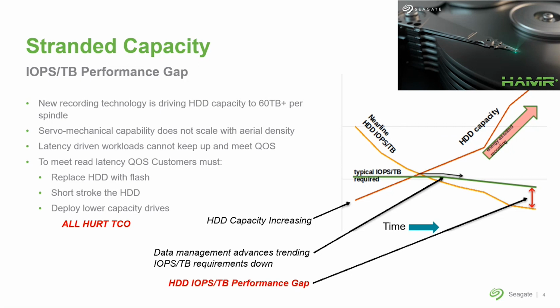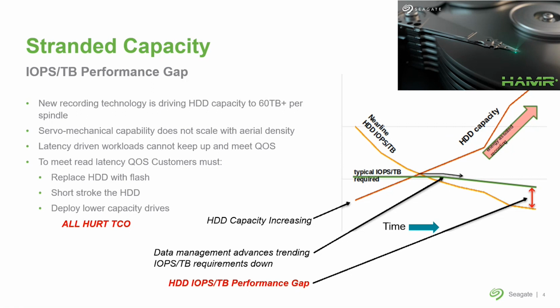Throughput remains the same as disk sizes get larger. So the IOPS you get per terabyte, which impacts your applications, your guarantees for latency, basically the performance of your drive, is dropping at the same rate as areal capacity and HDD capacity is increasing.